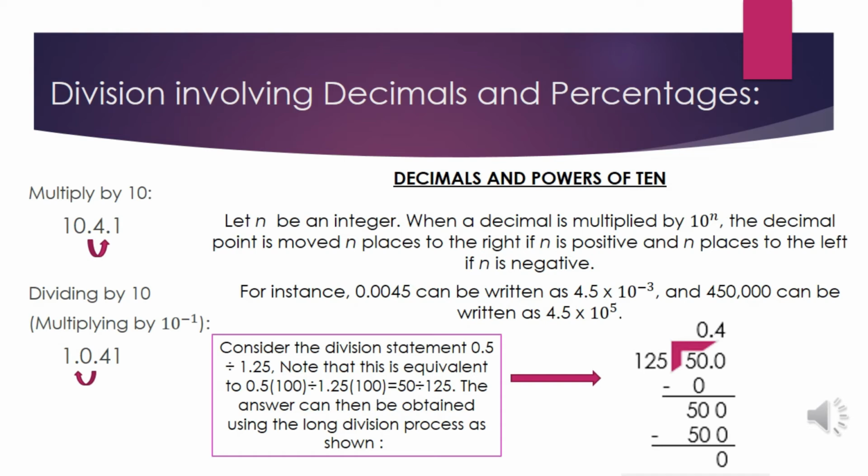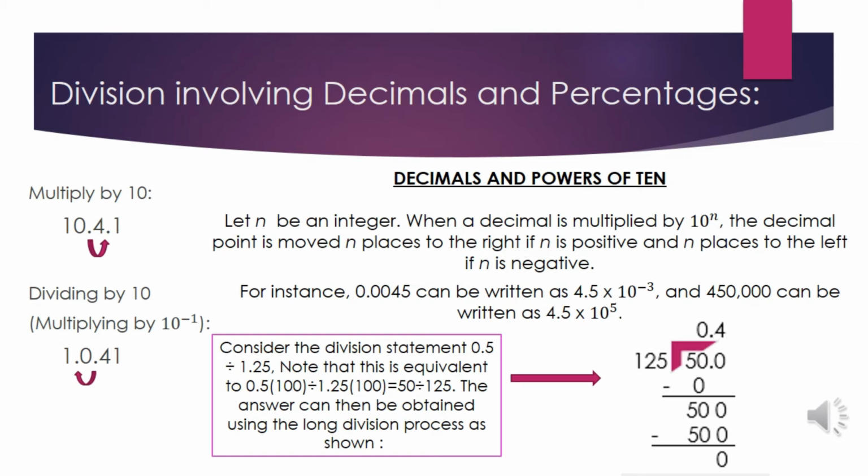As you can see, class, in our example 0.0045 is 4.5 times 10 to the power of negative 3, so the decimal point moves to the left because it is negative. The other number moves 5 places to the right because it is positive.